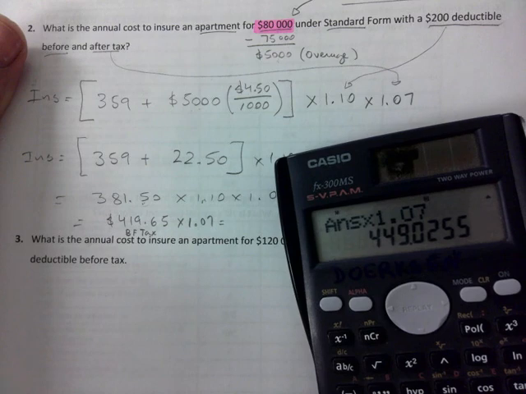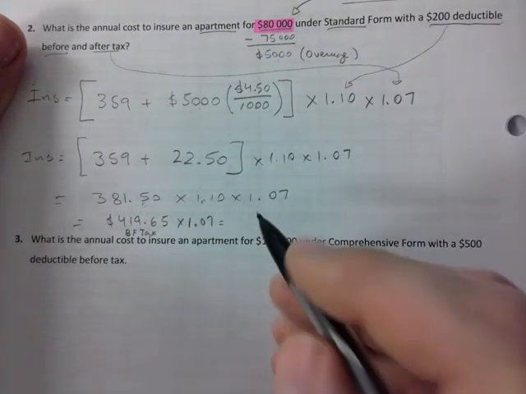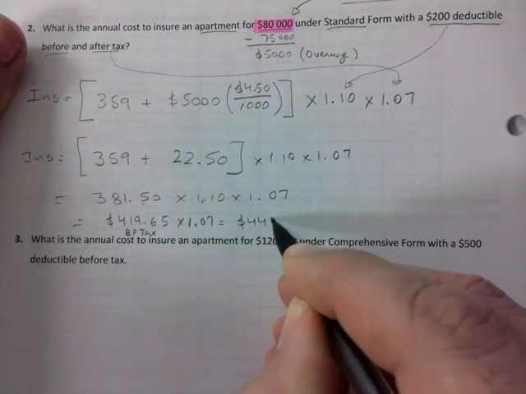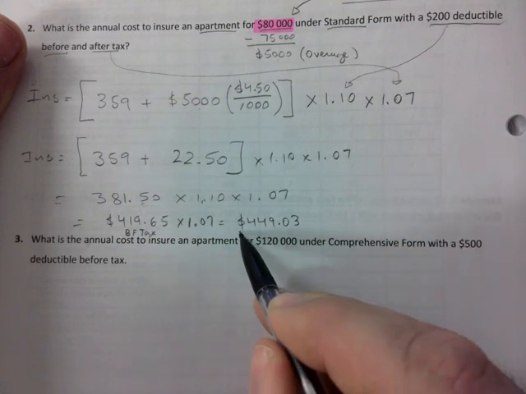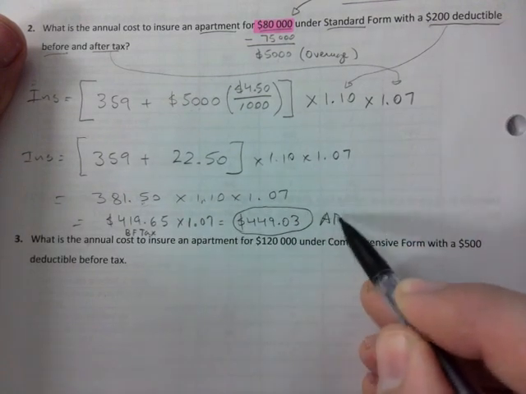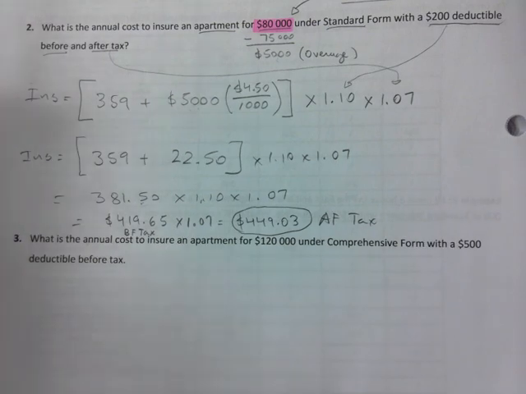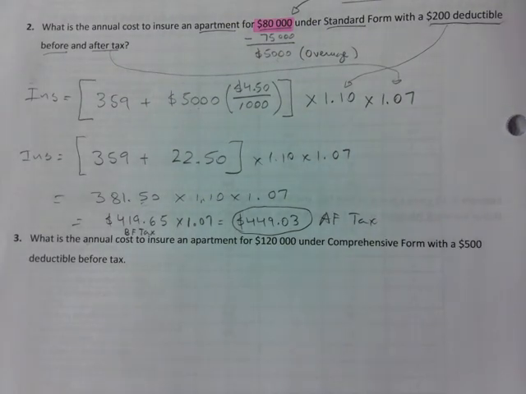That's 449.03. This is really after tax, right? If the question asked for that, then that's really what I would be looking for. But I need you to understand everything along the way.